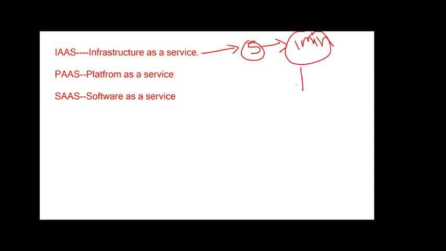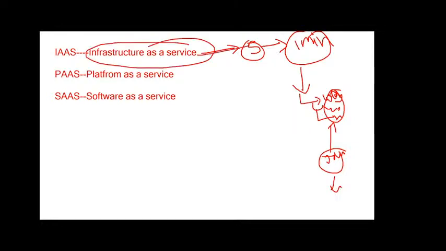Then on top of it, to host the Java application, what do we have to do? Install web servers, WebLogic, WebSphere, JBoss, or Apache Tomcat server. On top of it, host your Java application. Then that should be managed by yourself. The cloud vendor just provides the virtual machines, then the remaining management should be taken care of by yourself. Why? Because the application is yours, the management is yours. That is infrastructure as a service.